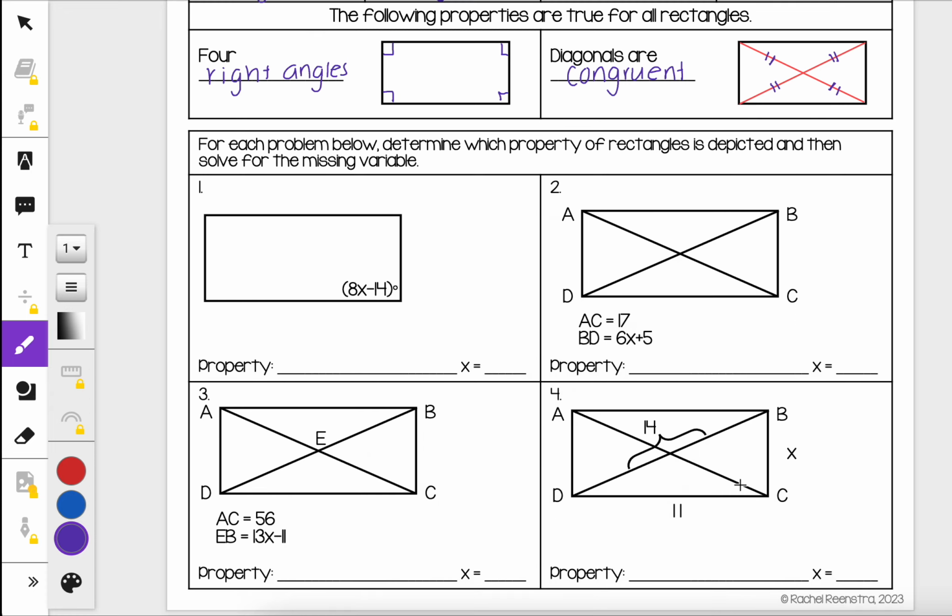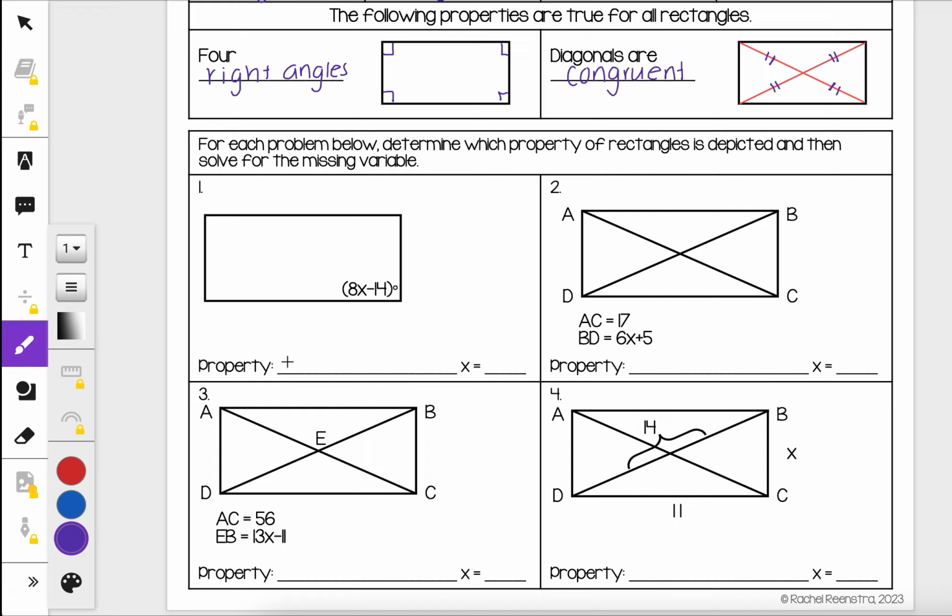All right, so let's practice applying those properties. Our first set of problems says for each of the problems below, determine which property of rectangles is depicted and then solve for the missing angle. So if I look at number one, I see this 8x minus 14 is referencing this angle here.